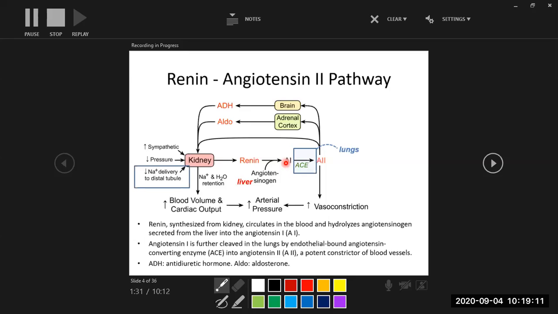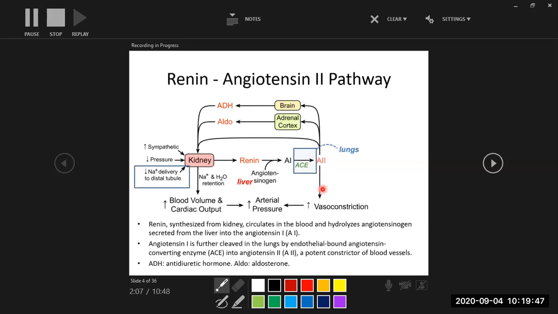Then angiotensin 1 circulates through the pulmonary circulation, where there is an enzyme called ACE, angiotensin converting enzyme, to convert angiotensin 1 to angiotensin 2. And we also learned that the ACEI, the inhibitor, can inhibit it from producing angiotensin 2, and that is a common drug to treat hypertension.